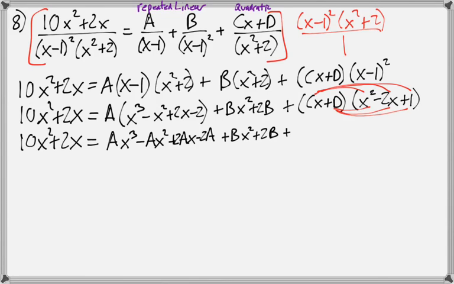So that's going to be cx cubed minus 2cx squared plus cx plus dx squared minus 2dx plus d. I almost ran out of room.